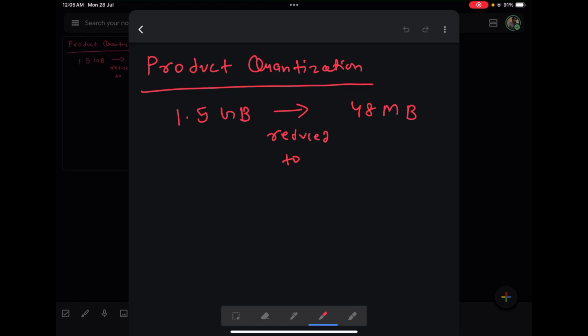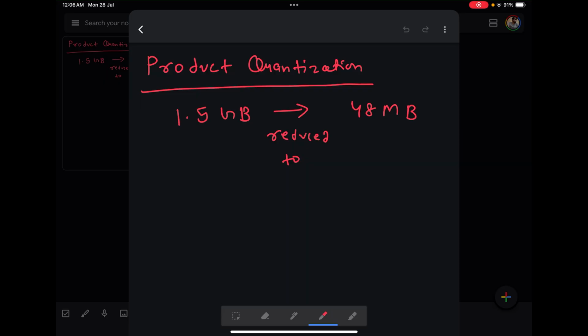Hello everyone, welcome to this new video in which we are going to be discussing product quantization. This particular method is a compression technique for vector embeddings that you might have, and it essentially allows us to do a compression of manifold.